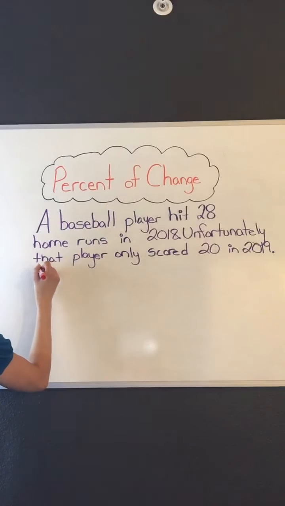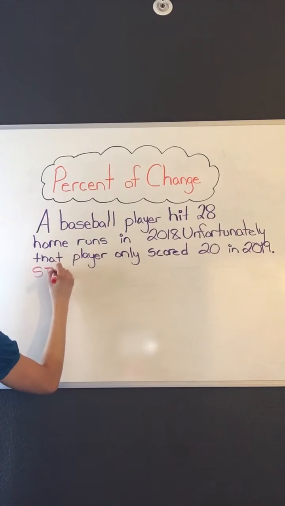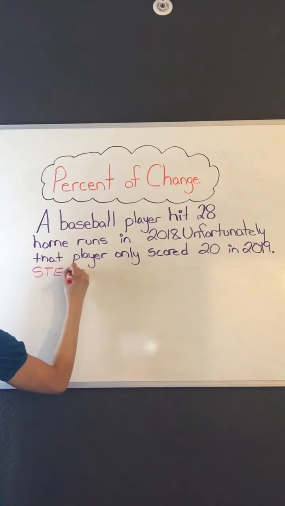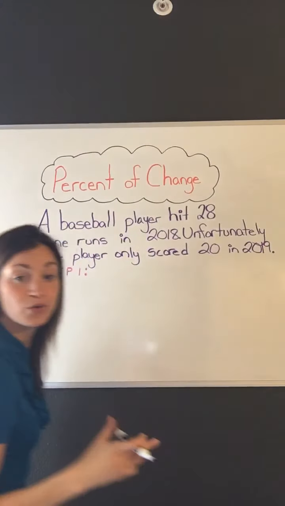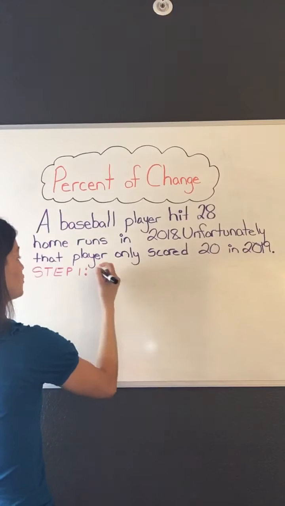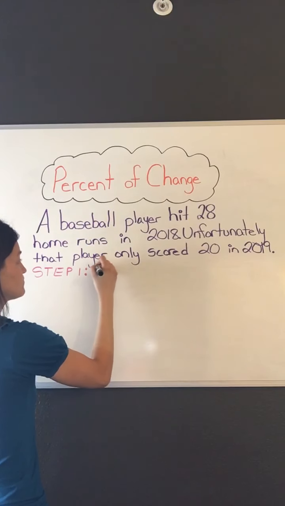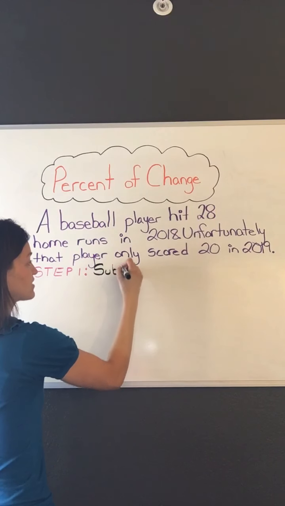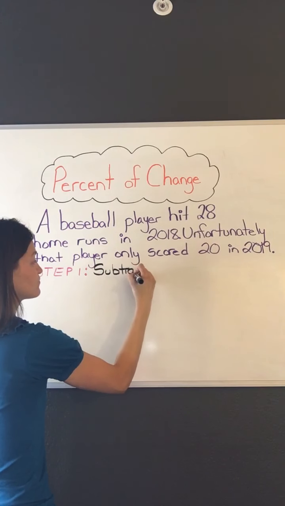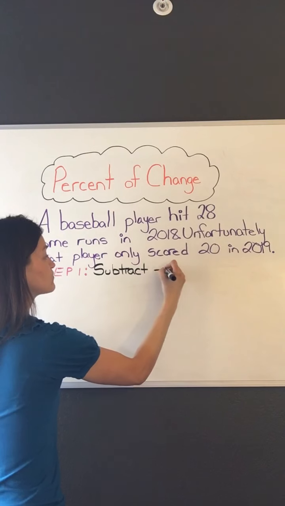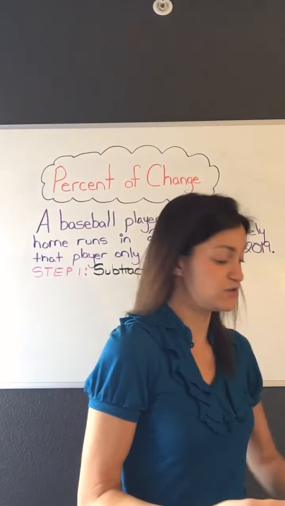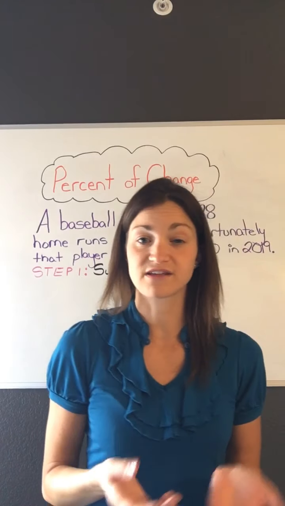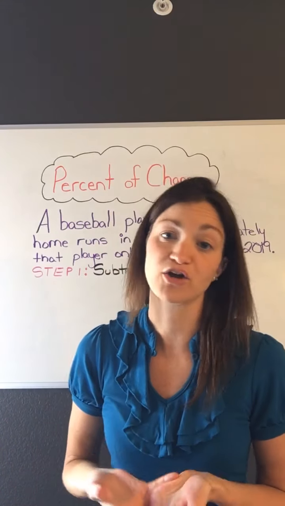So what we're going to do, step 1. Okay, and I'm going to change the colors. You are going to subtract, okay? So for step 1, we are going to subtract. Now, there are two different ways that you can subtract because unlike addition, subtraction is not commutative.